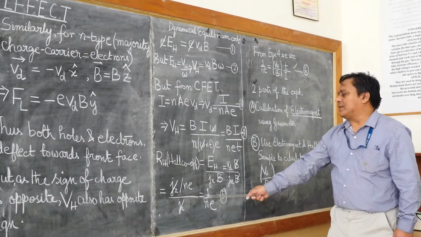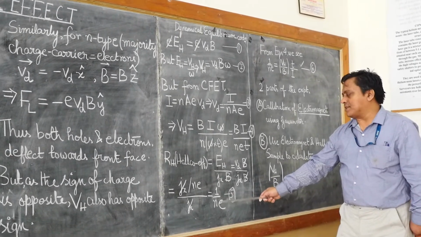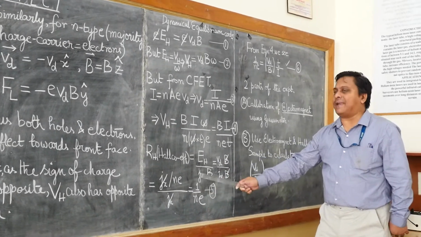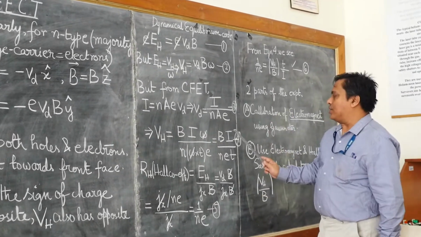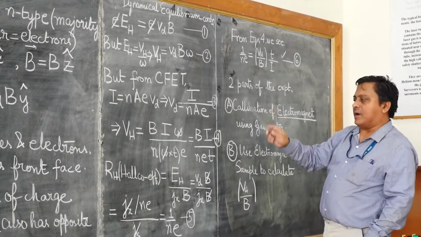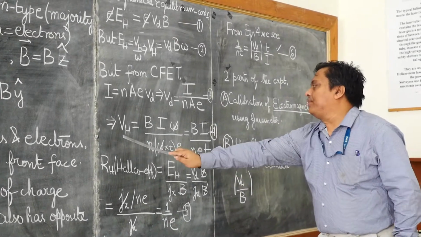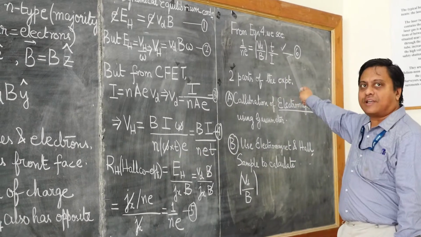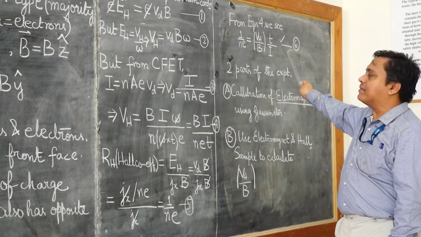Obviously this sign, if it is a p-type semiconductor, will be positive, because the charge of the hole is positive, and if it's an n-type semiconductor, this sign will be negative, because the charge of the electron is negative. From this equation, we can show that 1 by Ne, which is the Hall coefficient, is Vh by V into T divided by I, and that is exactly what has been written here. This is equation 6. This is the equation that we are going to use for performing this experiment.